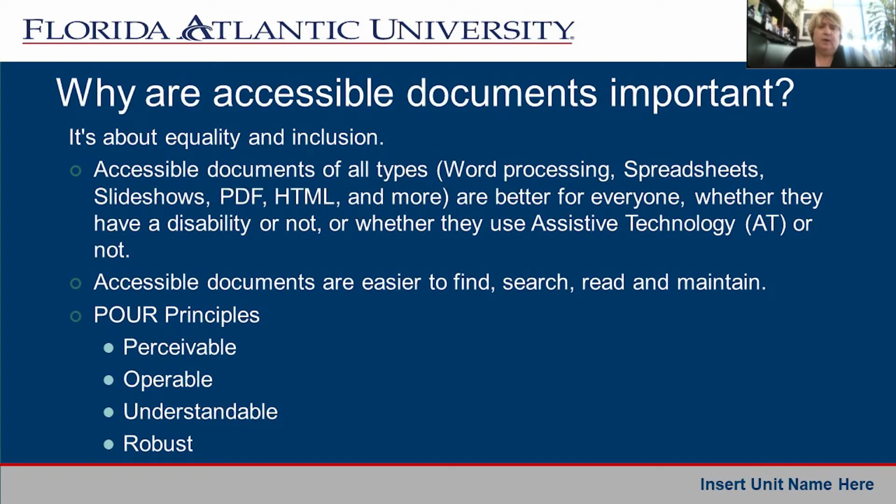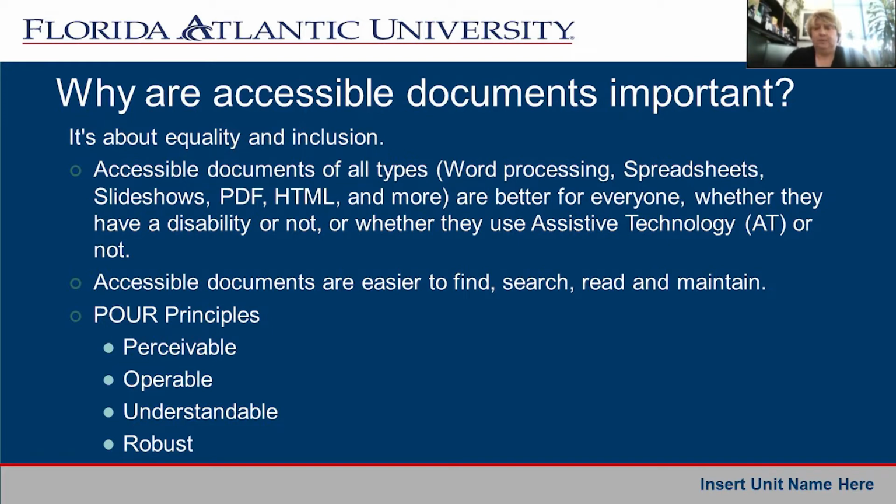So when we're looking at accessible PDFs, there are 4 principles, and this comes from WCAG 2.1, which stands for the Web Content Accessibility Guidelines. This is worldwide, and they look at making sure websites and documents within those websites are accessible for all individuals.